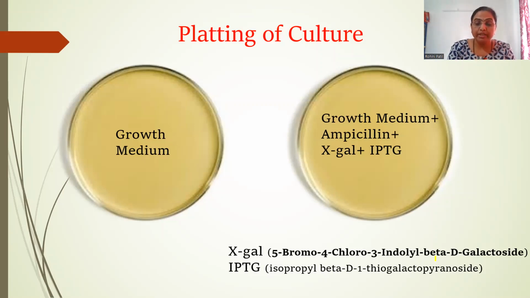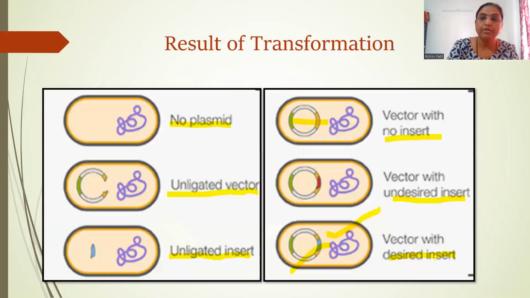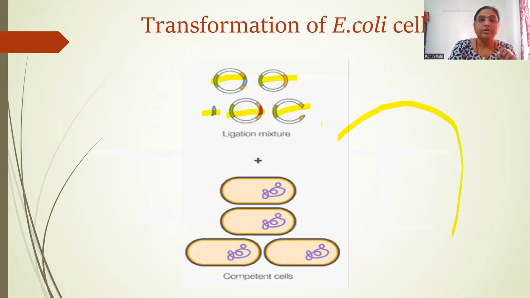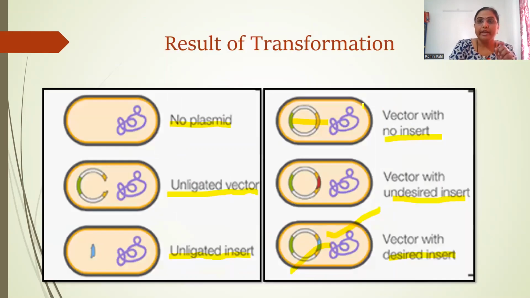This is going to happen with the self-ligated vector, because when we are cloning into a vector, we are actually going to disturb the lacZ gene. We are going to cut the vector. This is your vector, and by the scissor, the restriction enzyme, we are going to open it up.